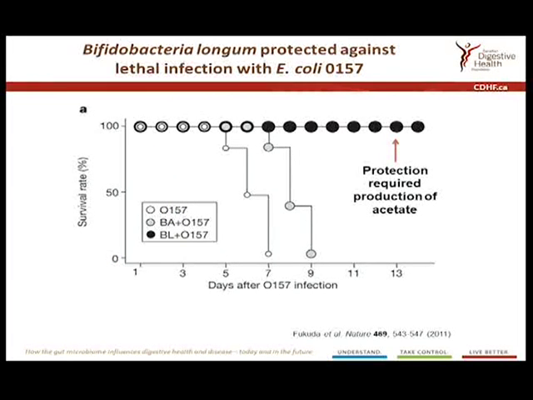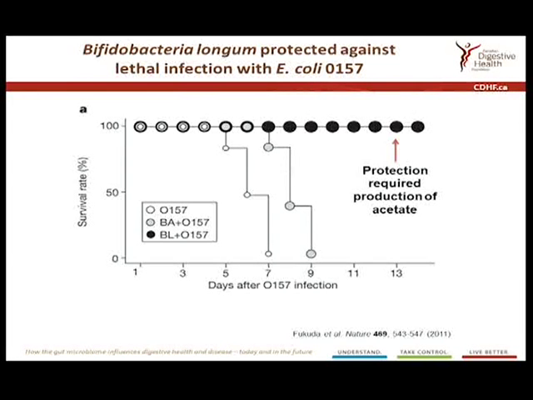Here's another example. A Bifidobacterium longum, this was an animal study, where they showed that if they infected mice with E. coli O157, all the mice would die. Okay? So by 7 days after you infect the mice, all the mice died. But if you added on a Bifidobacterium longum that produced acetate, you got 100% survival.